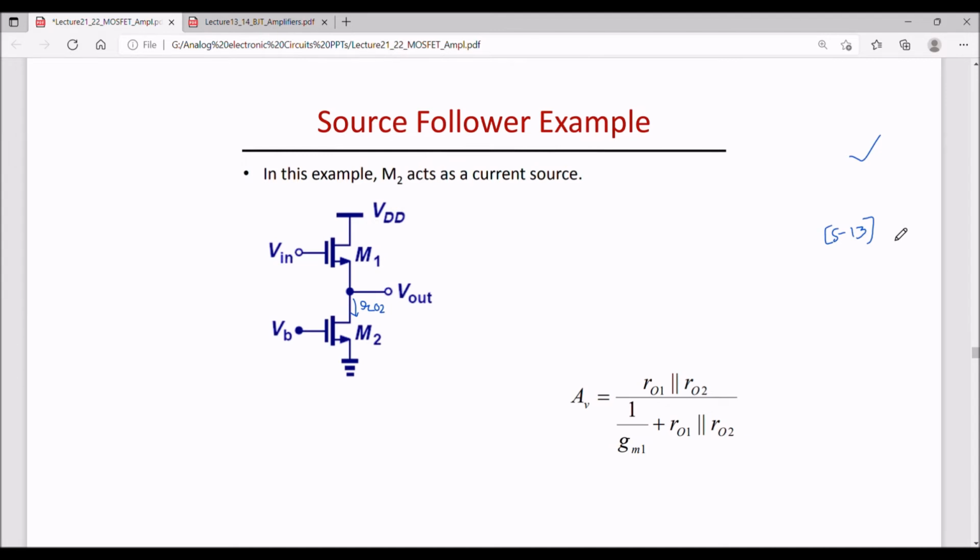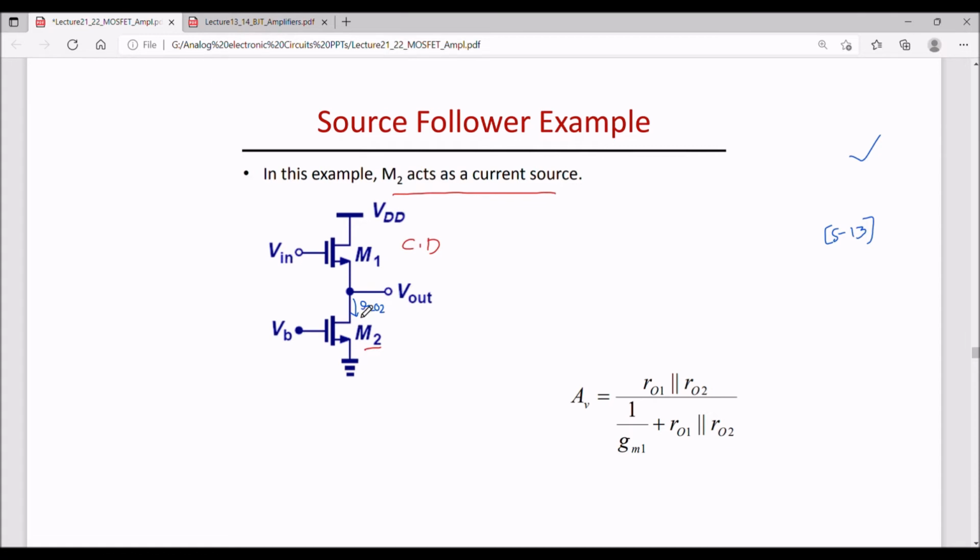Now let us consider one example of source follower. In this example, this is my common drain or source follower M1, and M2 is acting as a current source. That is, NMOS is used to sink the current from output node to ground. So M2 acts as a current source.